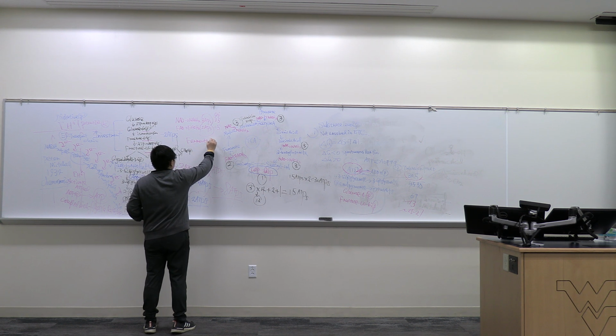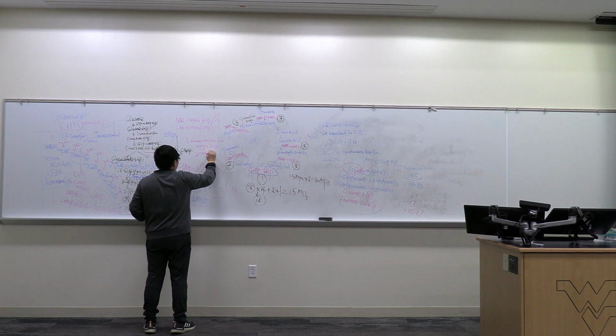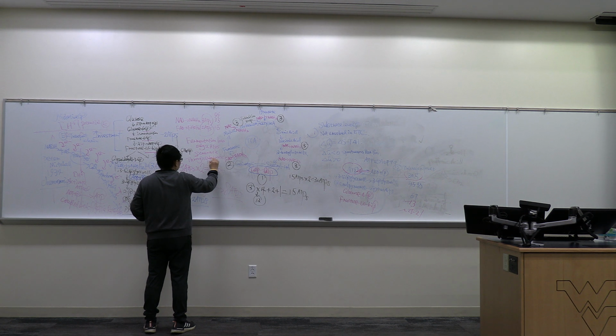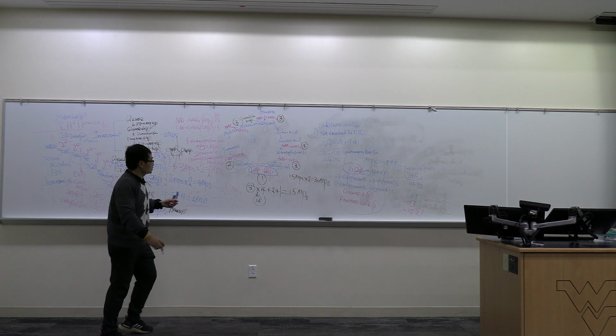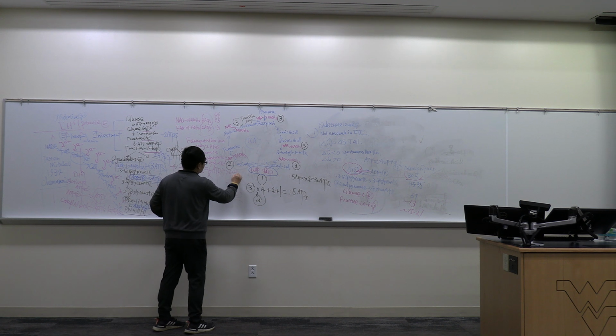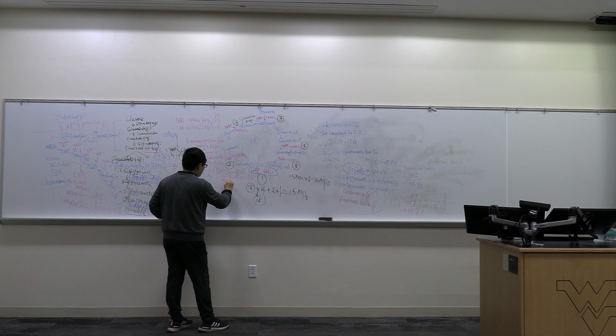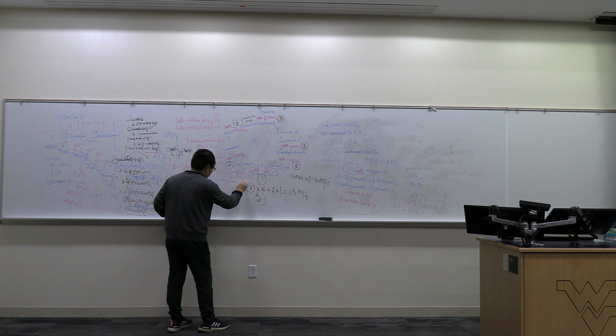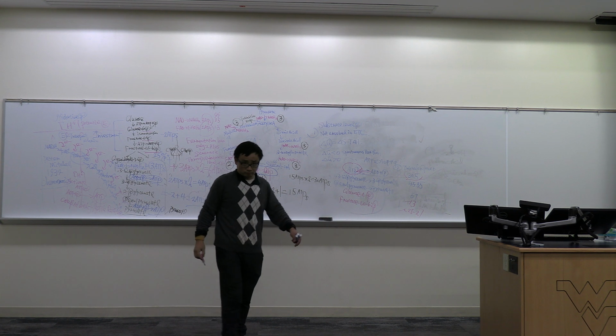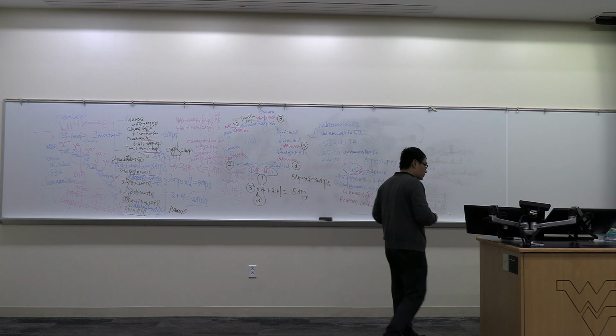Fermentation has only 2 ATPs generated through substrate level phosphorylation. This is basically coupled with glycolysis without oxygen. This is the key. Otherwise, it's called aerobic respiration.